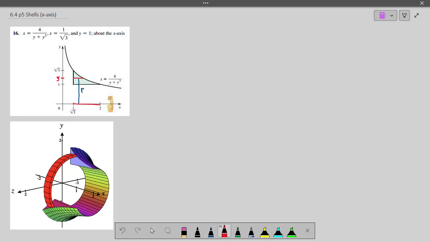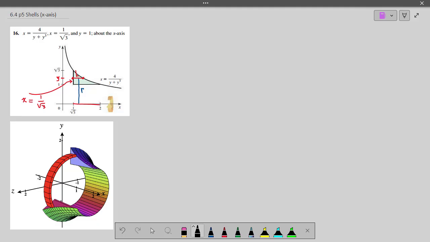And then the height of this is going to be that horizontal distance from here to here. So that's going to be the right x value minus the left x value. Can you tell me what the left x value is? X equals 1 over root 3. It's whatever that constant is down there. Right, that's the vertical line at that 1 over root 3. I didn't see the root 3. Yeah, I could tell.